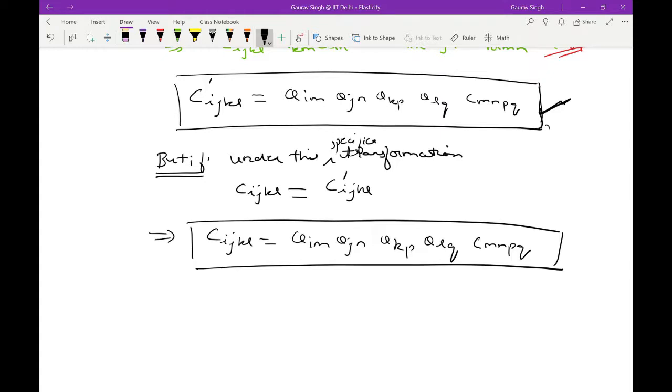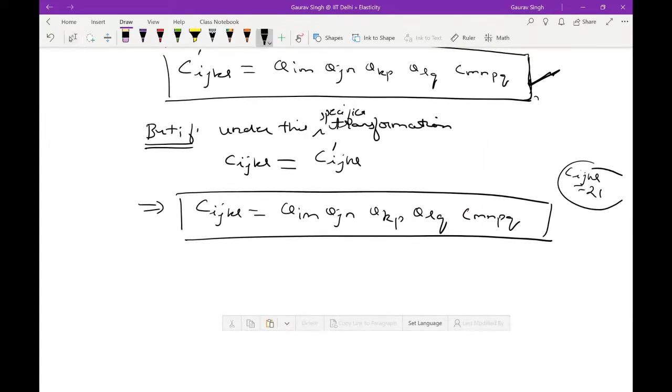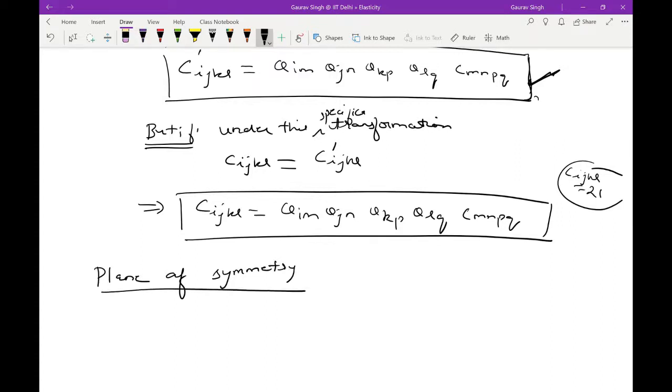Now because of this property, there will be a reduction in the number of elastic constants. So Cijkl has 21 until now. Because of this symmetry, depending on the kind of symmetry, this number will keep on reducing. So let's see the first case. Let's call it the plane of symmetry, or the so-called monoclinic material.